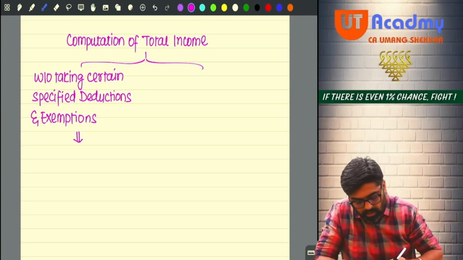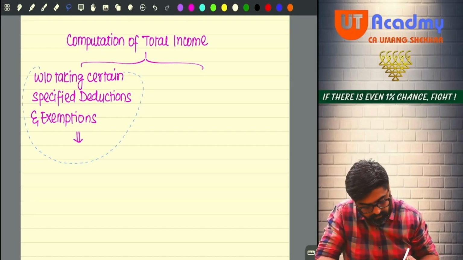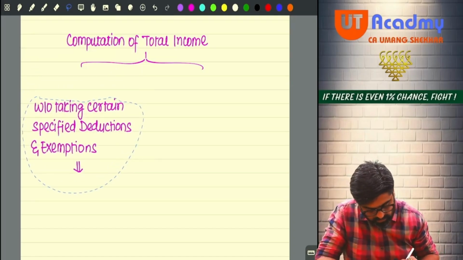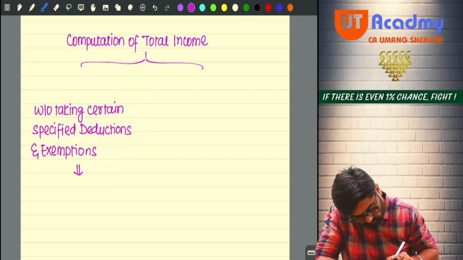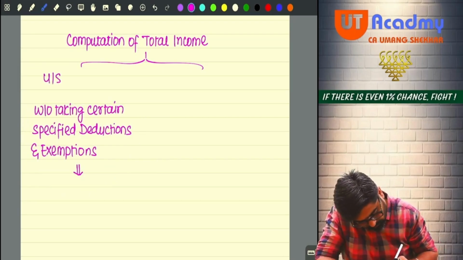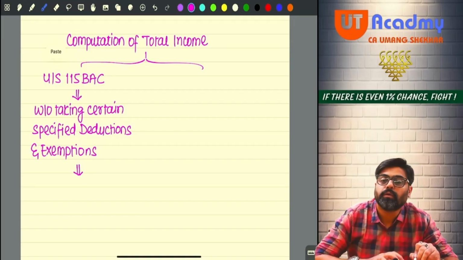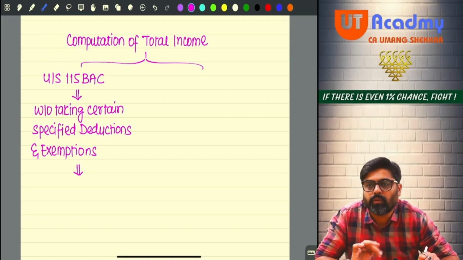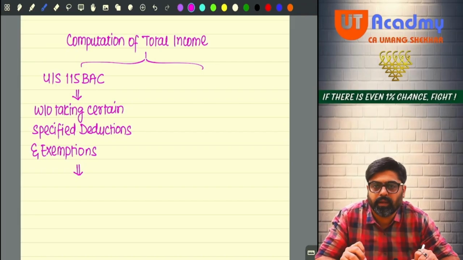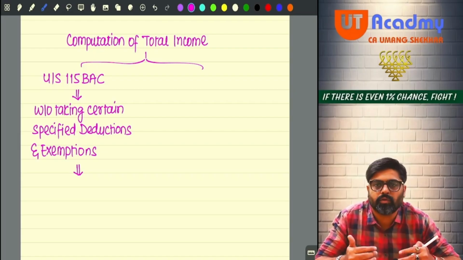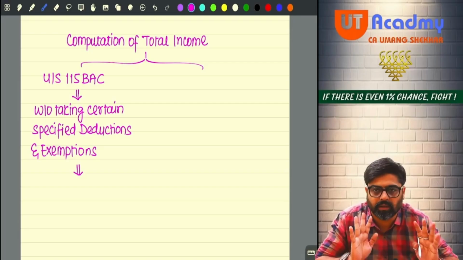So under section 115 BAC, they are telling you to compute the total income without taking certain specified deductions and exemptions. Which are those deductions? Which are those exemptions? The list is given. We'll see that list.